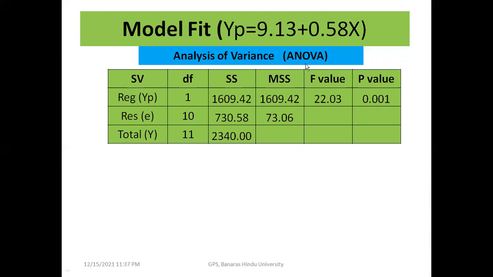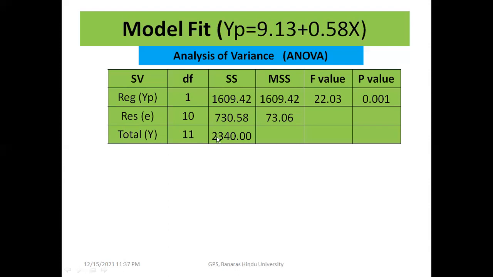So it was taken in regression analysis, hence it is called regression. Source of variation is regression, meaning YP predicted. Another source of variation is random, so it is called residual. And total means the sum of square of the dependent variable Y.